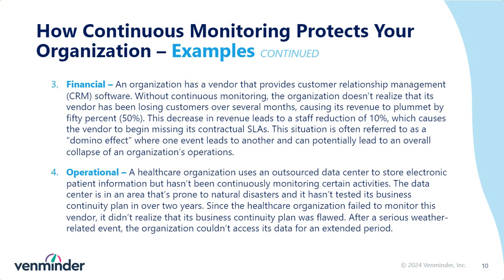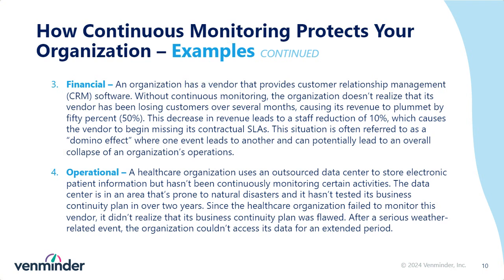And then continuing on, the financial risk. This is another one that has been far more visible lately with the quantity of layoffs that we've seen in the last year. An organization has a vendor that provides customer relationship management, or CRM software. Without continuous monitoring, the organization doesn't realize that its vendor has been losing customers over several months, causing its revenue to plummet by 50%.